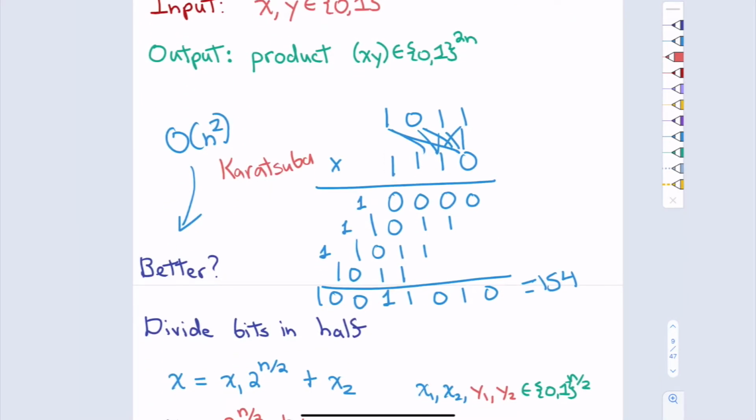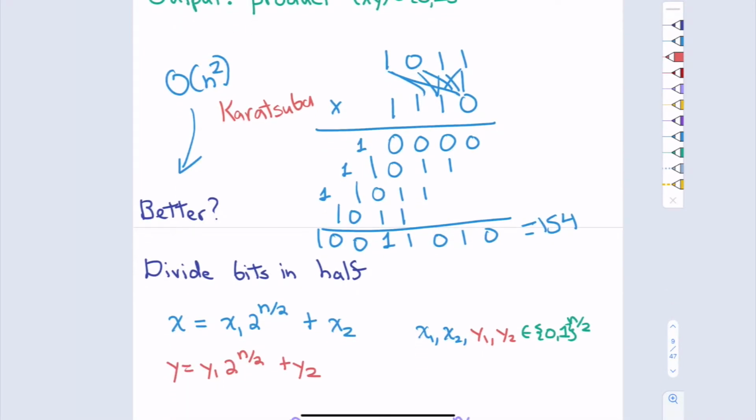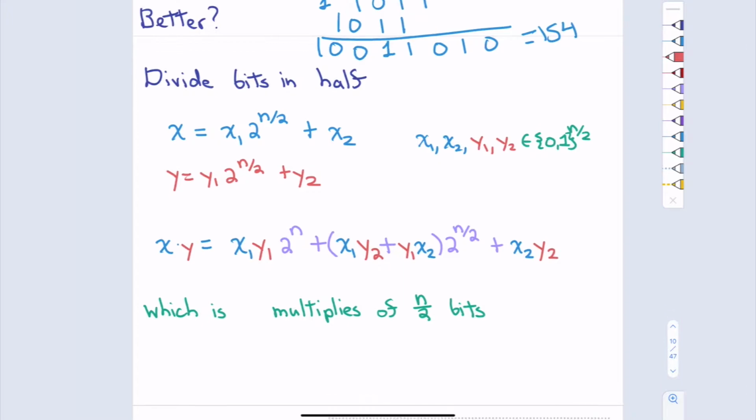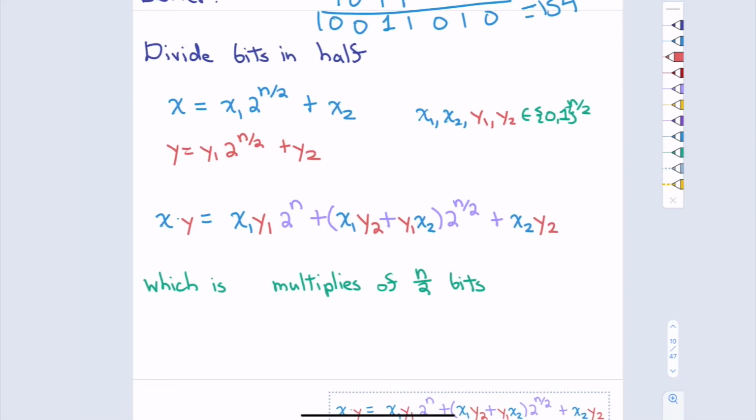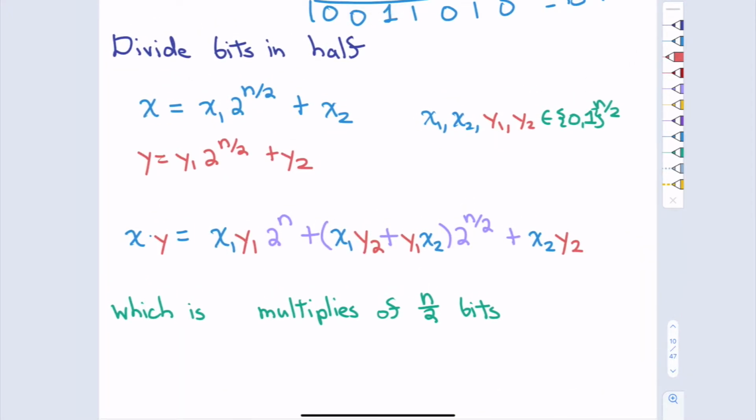Okay, so divide and conquer. Divide should show up somewhere. And we're going to think about dividing the bits in half. Okay, so let me take x, which has n bits, and split it into two bit strings where one represents the biggest bits, the most significant bits. The other one represents the least significant bits. Here I'm just assuming n is even to make things simple.